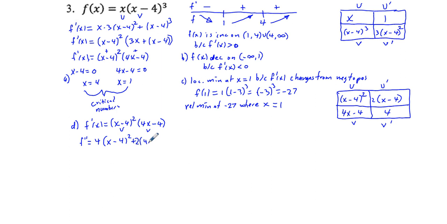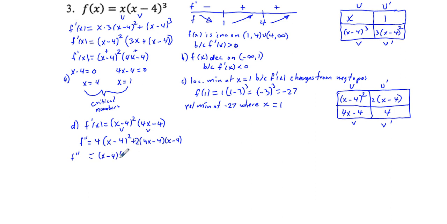So 2 times quantity 4x minus 4 times quantity x minus 4. And then we look for a common factor, and it looks like we have one of x minus 4. So for f double prime, we bring up this x minus 4.